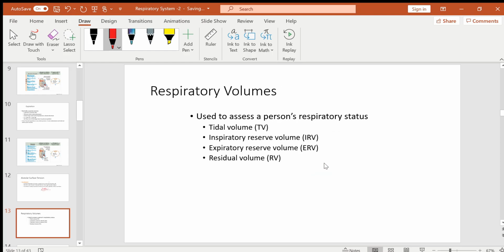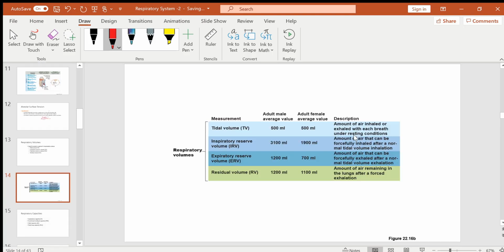Respiratory volumes and capacities are to test the lung function. There are four volumes: tidal volume, inspiratory reserve volume, expiratory reserve volume, and residual volume. Okay, so we'll talk about those. Then there are four capacities. So four volumes and four capacities.